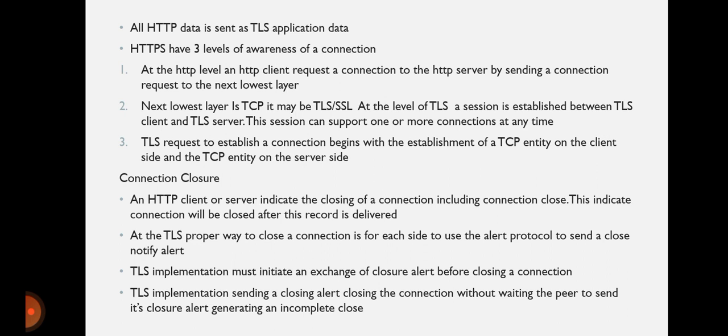A TLS implementation must initiate an exchange of closure alerts before closing a connection. A TLS implementation sending a closing alert and closing the connection without waiting for the peer to send its closure alert generates an incomplete close. This is the connection closure of HTTPS.